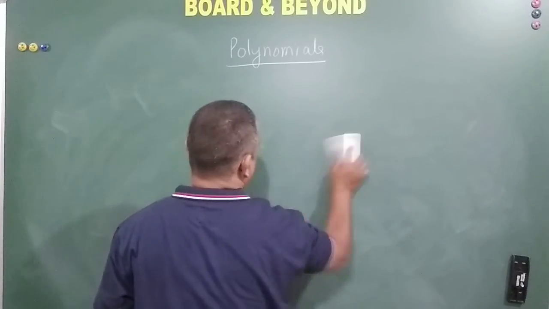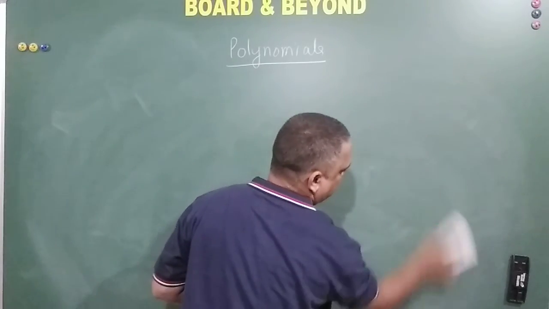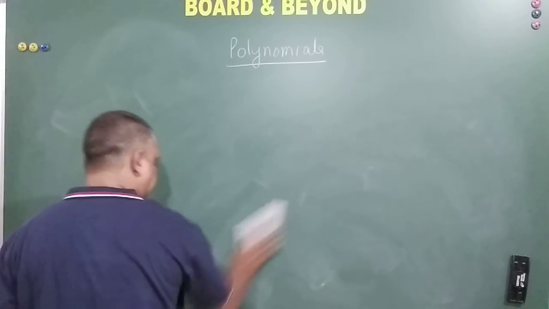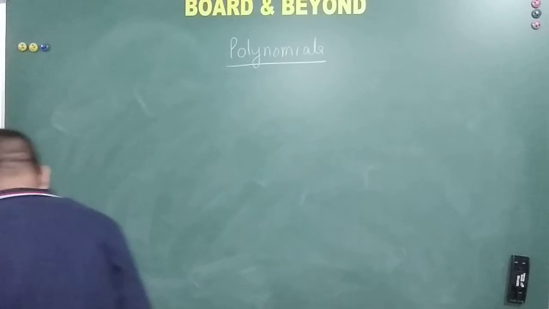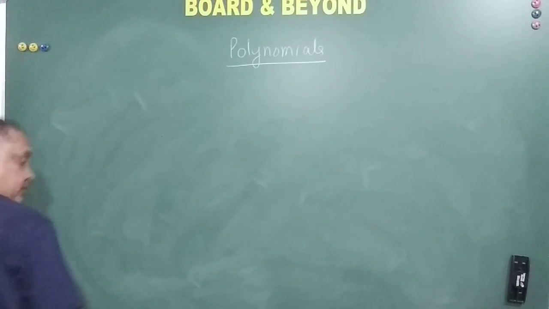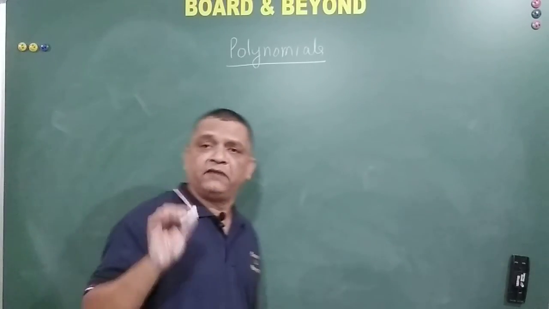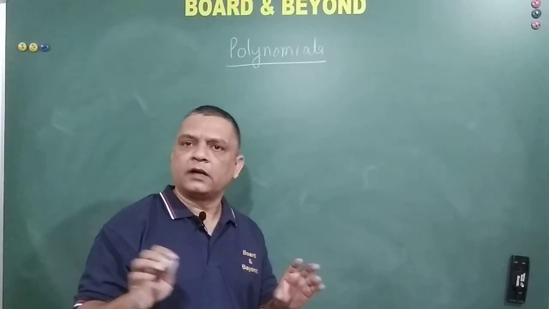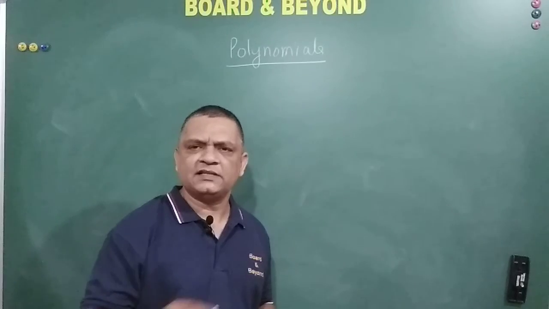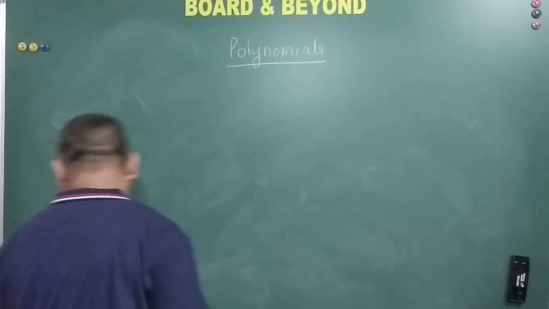Now friends, let us do one thing. I have prepared one more question which is a little difficult. You need to sincerely give it a try and try to formulate the quadratic equation. I'll just write it very quickly.